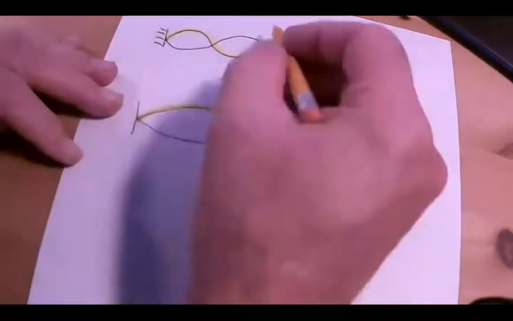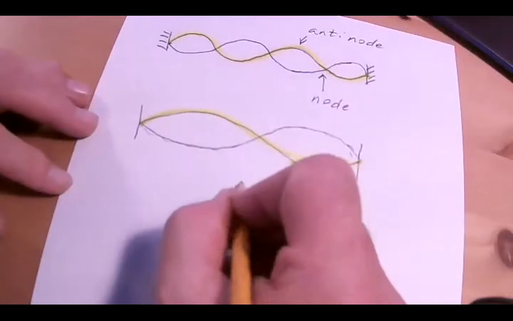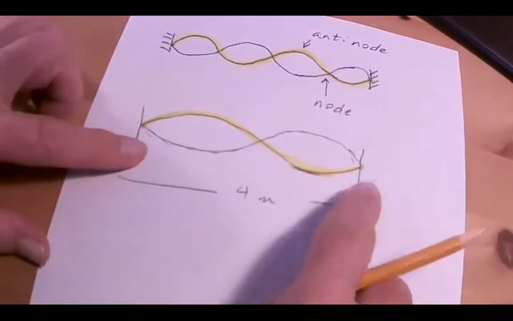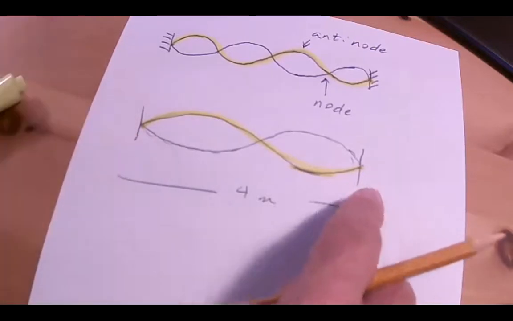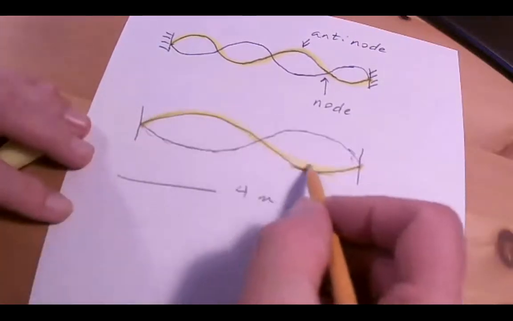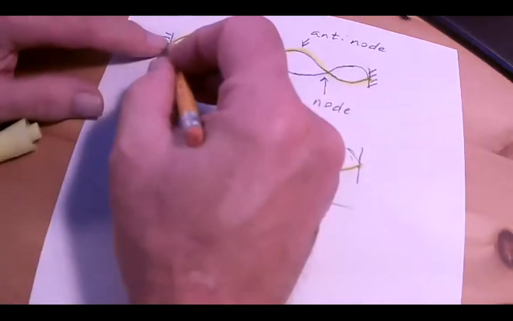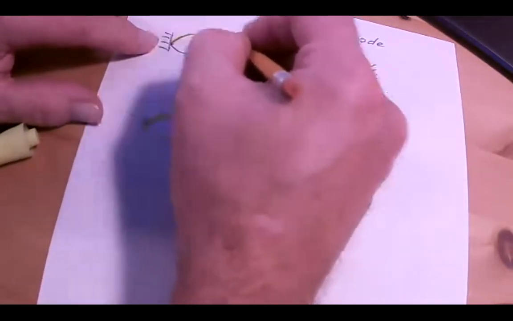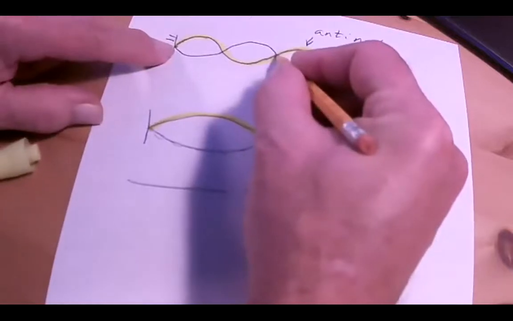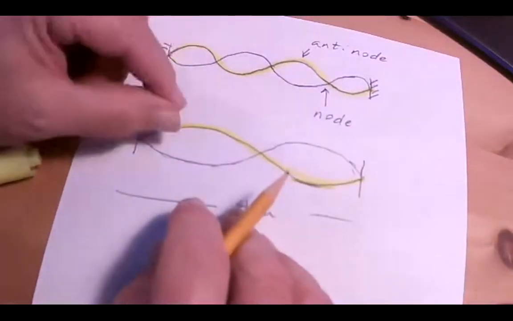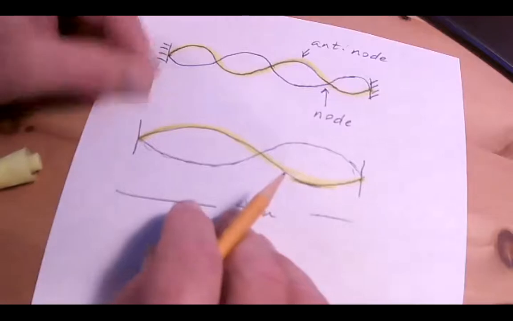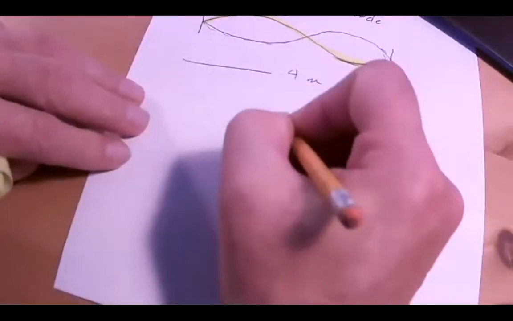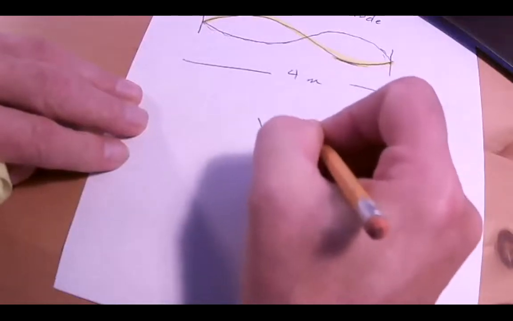So if this was 4 meters between fixed ends, like my hand and the bracket on the board, then the wavelength of this wave would be 4 meters. If I increased it like this, now the wavelength is only 2 meters, halfway across. To generate this one, I would have to oscillate my hand much faster. And this gets back to v = fλ.